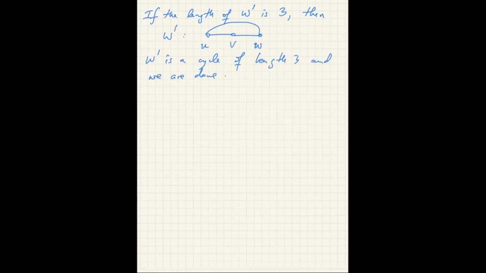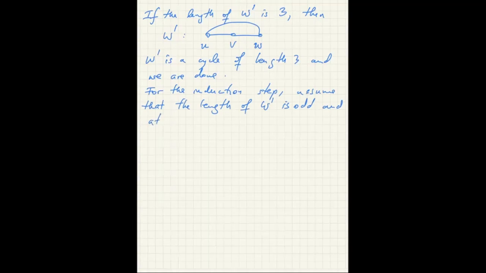Okay. And now for the induction step, assume that the length of W prime is odd and at least 5. Okay, so what is W prime? We start at some vertex, let's say U0, you go U1, and so on, UK minus 1, UK.